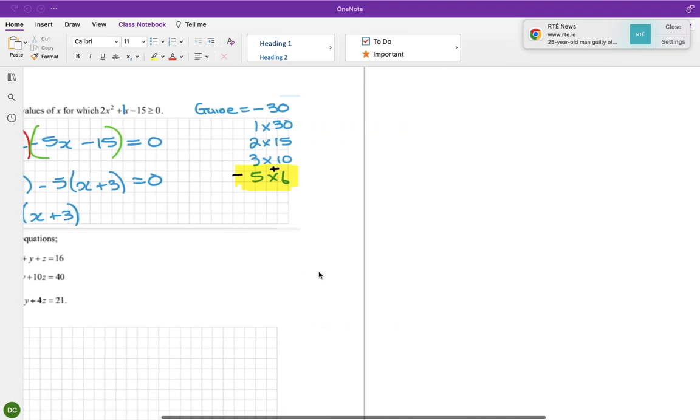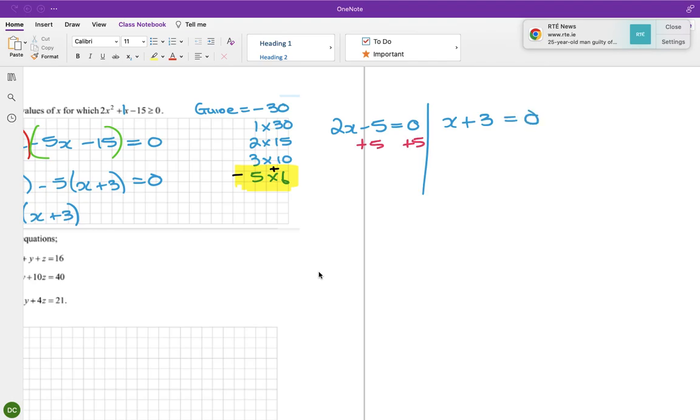Then I need to solve. So 2x minus 5 equals 0, and x plus 3 equals 0. So plus the 5, minus the 3. So I get 2x equals 5, and x equals minus 3. And then divide by 2. So x equals 5 over 2, or 2.5.